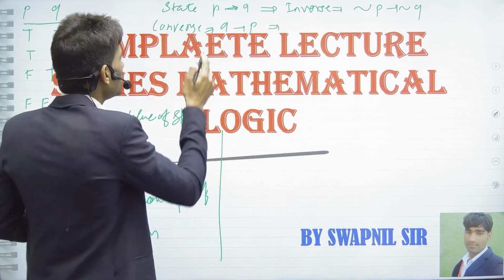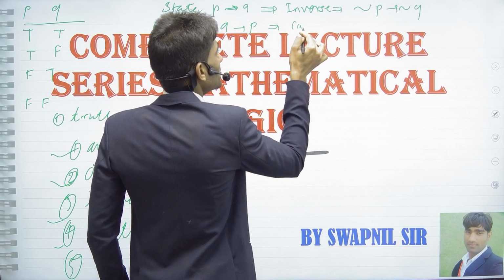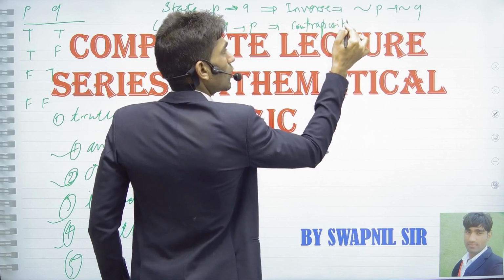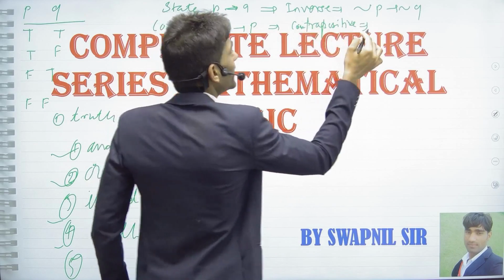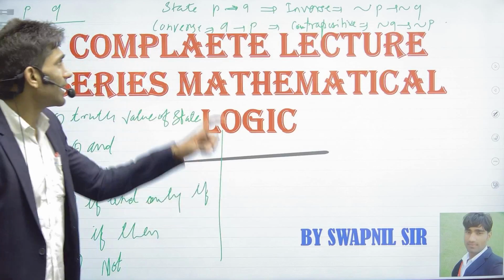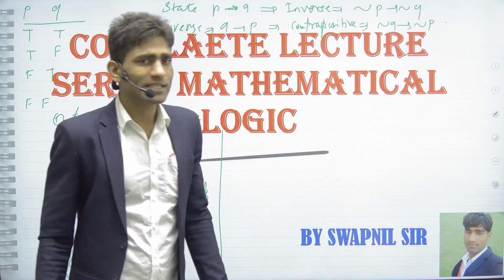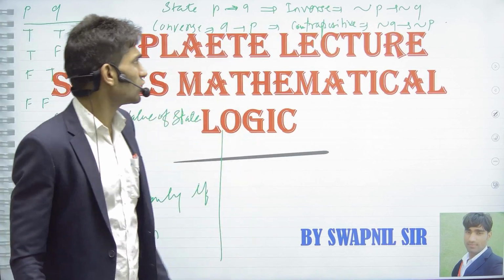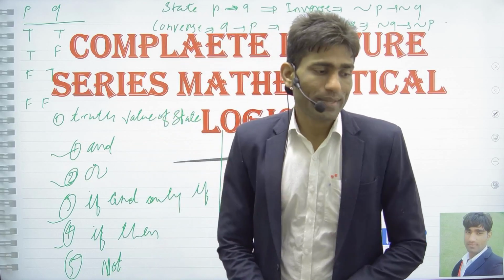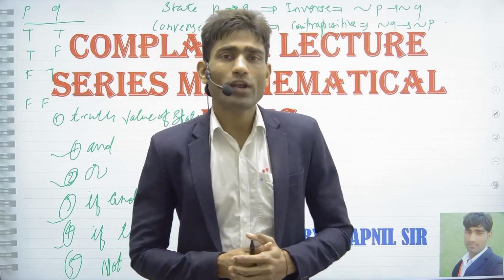The contrapositive is the negation of the converse, so for the contrapositive statement we write negation of Q implies negation of P. So, P implies Q: its inverse is defined as negation of P implies negation of Q, its converse as Q implies P, and the contrapositive as negation of Q implies negation of P. P and Q represent two different statements. You all need to understand this.